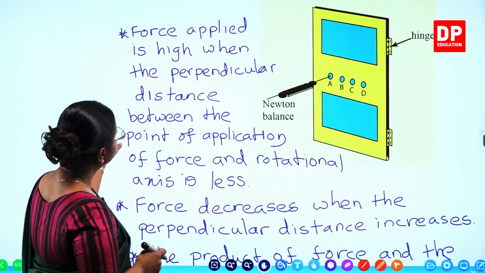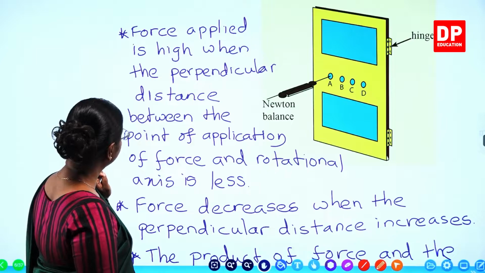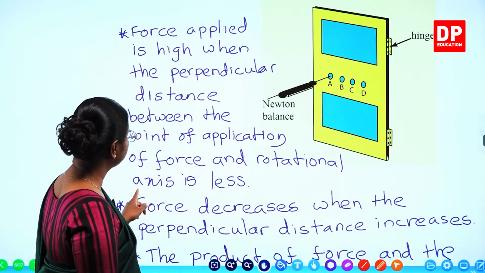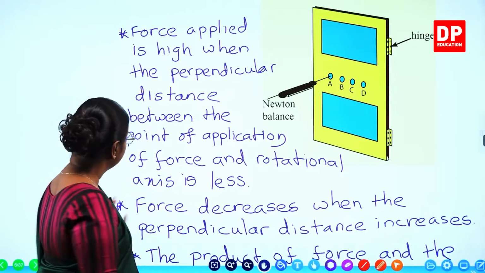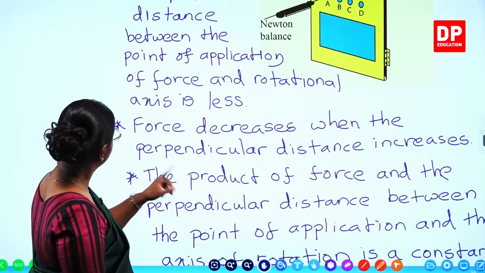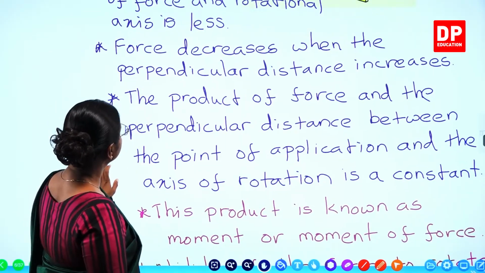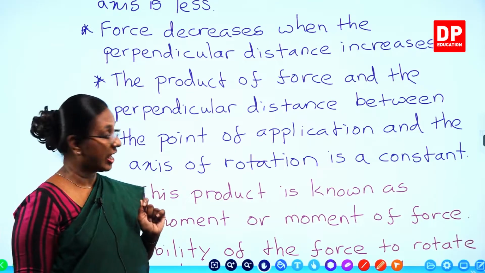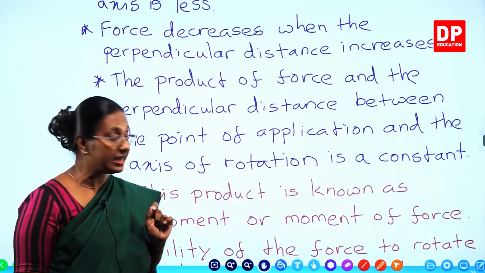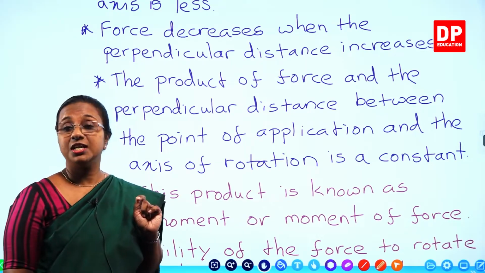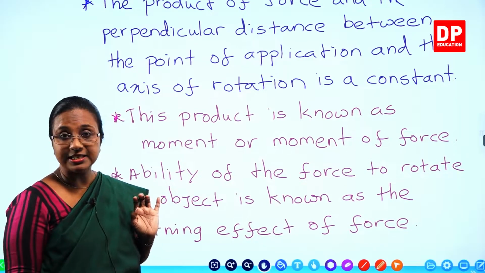So these are what we understood from the activity. Force applied is high when the perpendicular distance between the point of application of force and the rotation axis is less. Then force decreases when the perpendicular distance increases. And then we saw that the product of force and the perpendicular distance between the point of application and the axis of rotation is a constant. And this product is what we called as the moment.